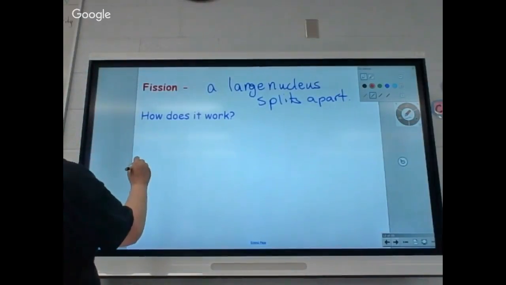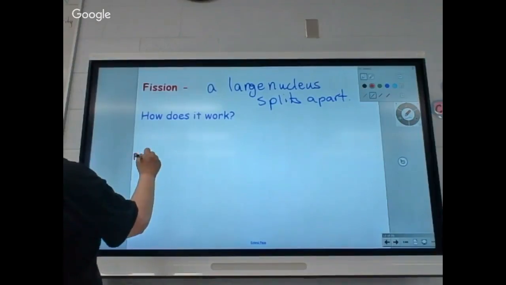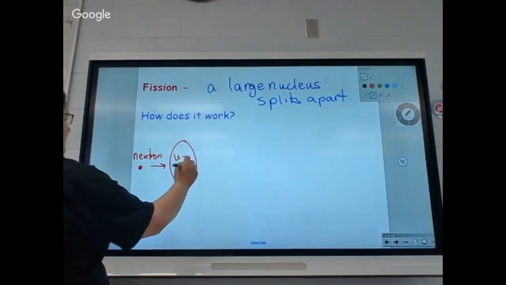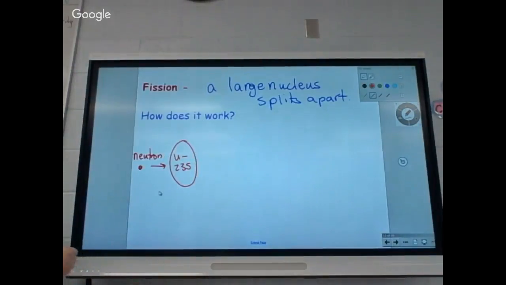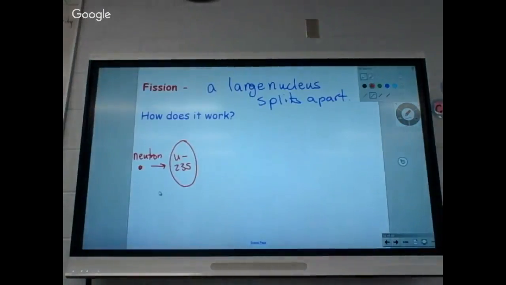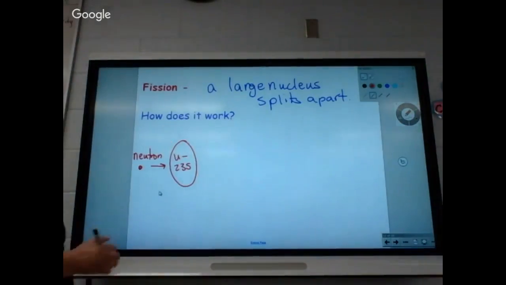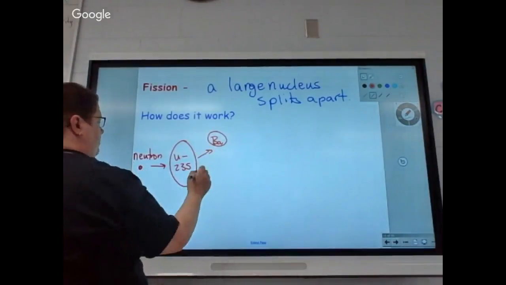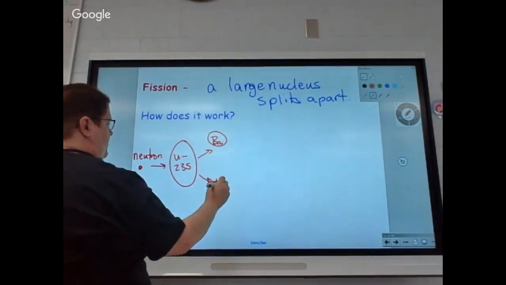A neutron would hit a uranium-235 and it splits into barium and krypton.